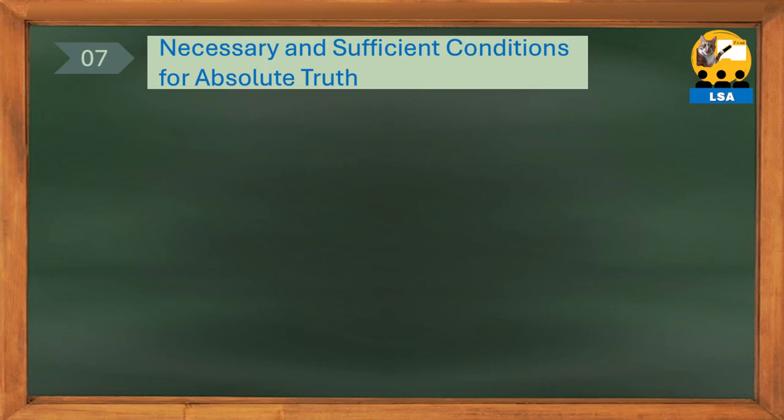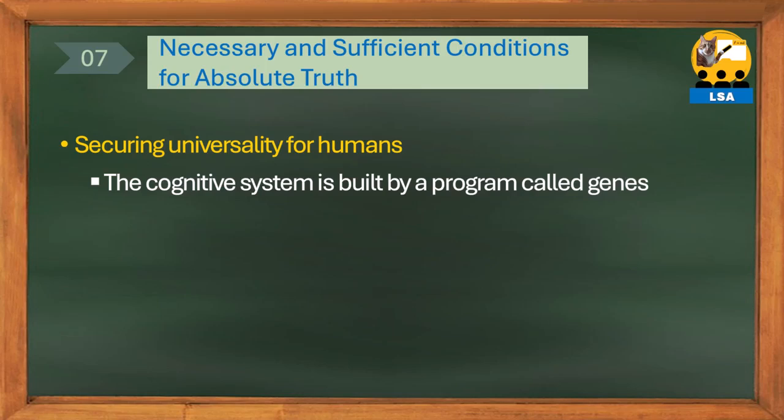How can we secure universality for humans? We saw earlier that the universe does not exist separately from humans, but is a subordinate entity created by humans based on the human cognitive system. However, human mentioned here is a common noun, so there is no guarantee that what is right for me is also right for others. The human cognitive system is not created randomly, but by a precise program called genes.